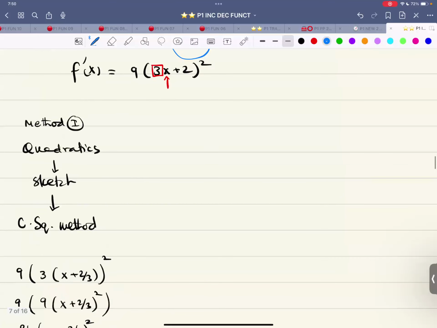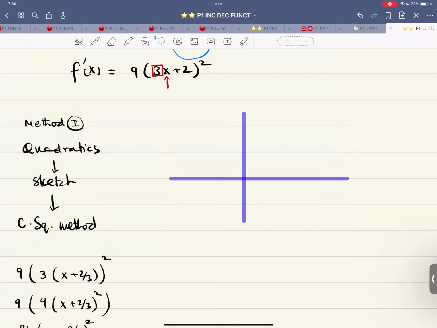Now, if I draw this thing and this grid is there, and this is (-2/3, 0). So let me just draw the grid over here. So this is (-2/3, 0). That goes like this. Let me just grab it and make it touch the x-axis. So now over here, this point is (-2/3, 0).